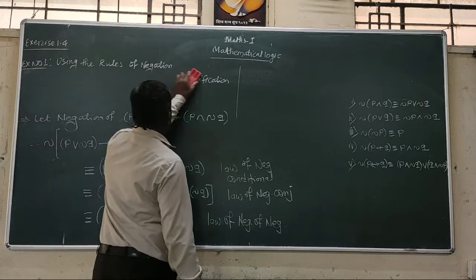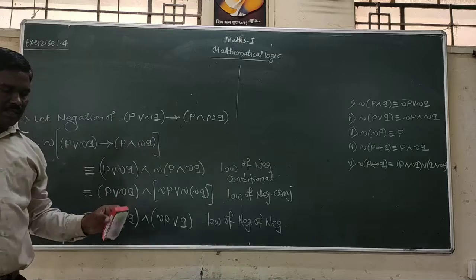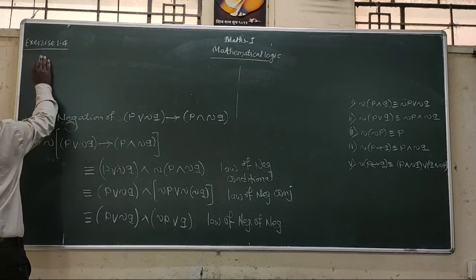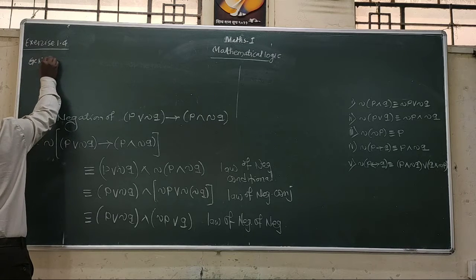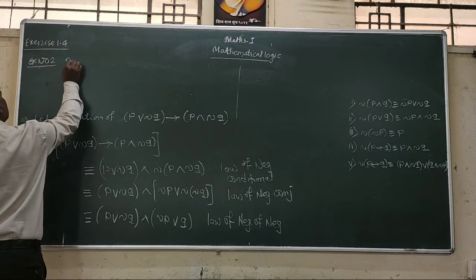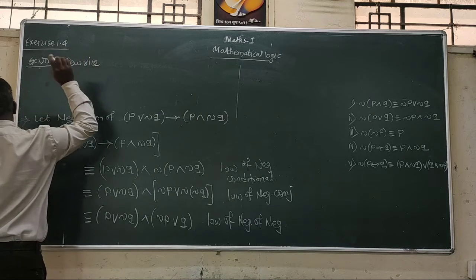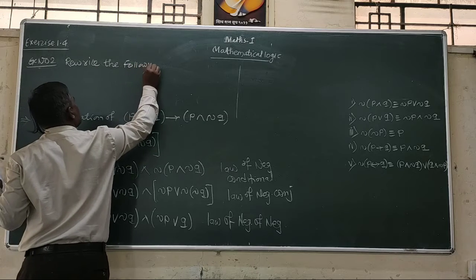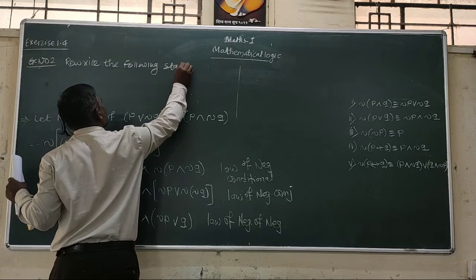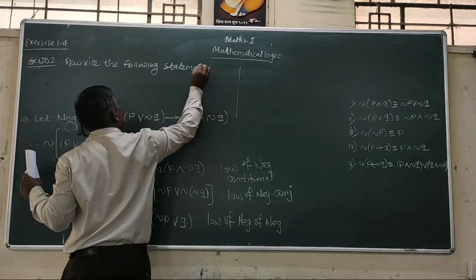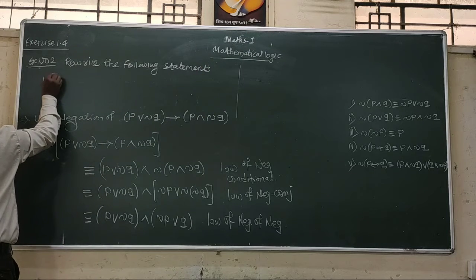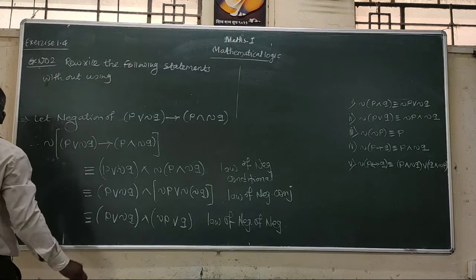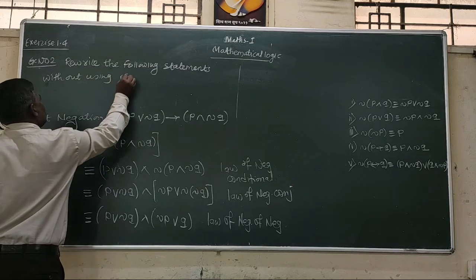The example number second in the exercise 1.4 is: rewrite the following statements without using if then.